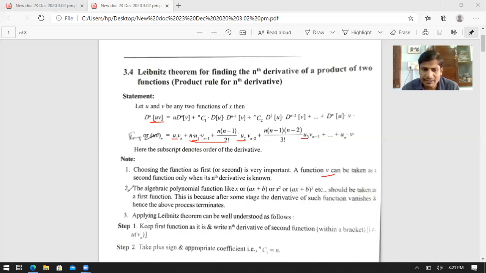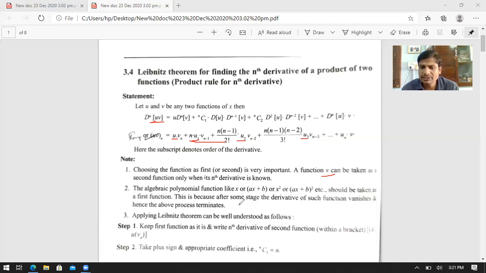Next, the second note: an algebraic polynomial function like x, ax plus b, x square, or (ax plus b) to the power of q, etc., should be taken as the first function.